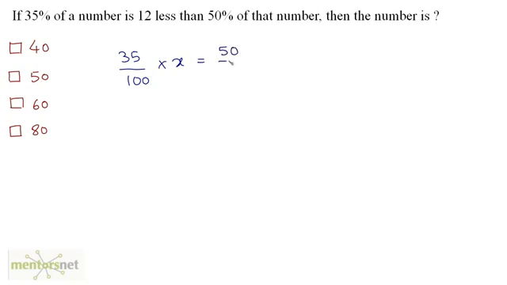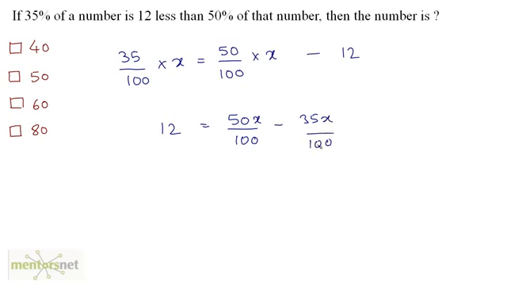So 50 upon 100 times x minus 12. I can put this 35x upon 100 to the right hand side and this minus 12 to the left hand side. So I get 12 is equal to 50x upon 100 minus 35x upon 100.